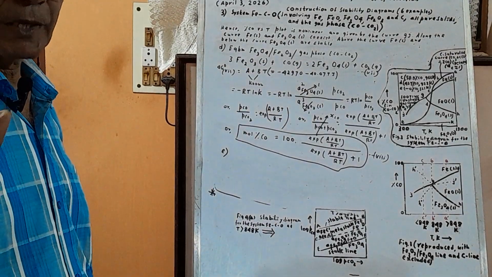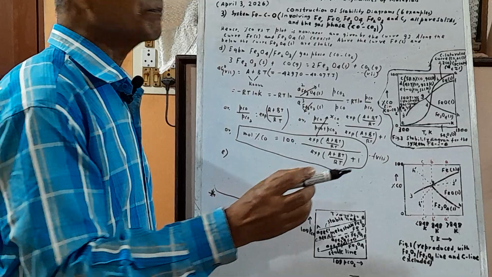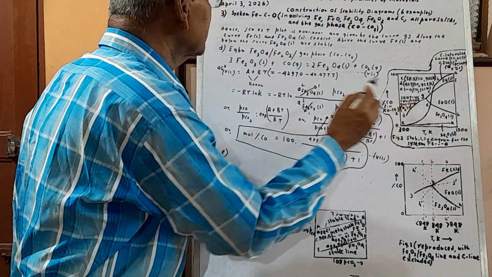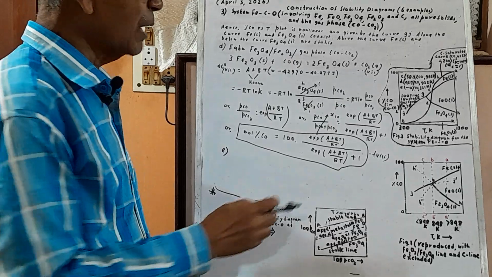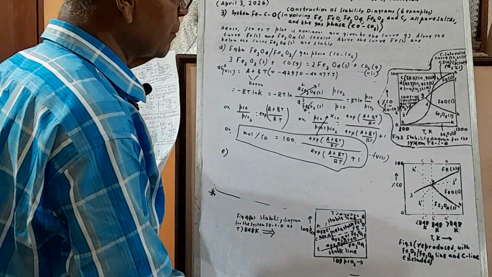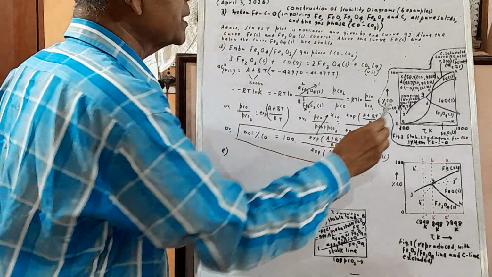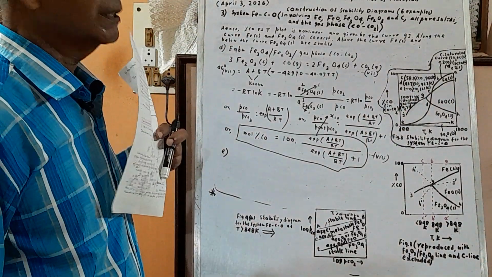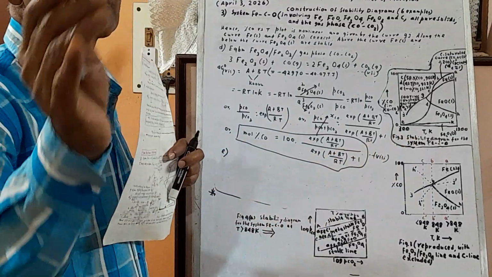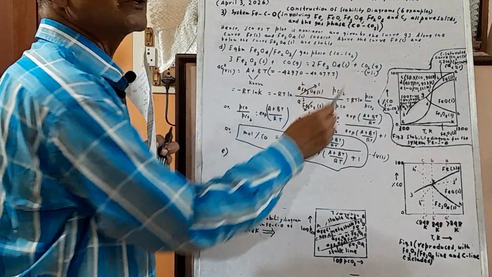So pressure should be mentioned, and we have considered here 1 atmosphere total pressure. Another thing I have perhaps missed, but you should know it: what is the effect of pressure on the curves A, B, C, D? These four curves, tell me. This curve, what is the effect of pressure? No effect, because the same number of moles of CO and CO2.